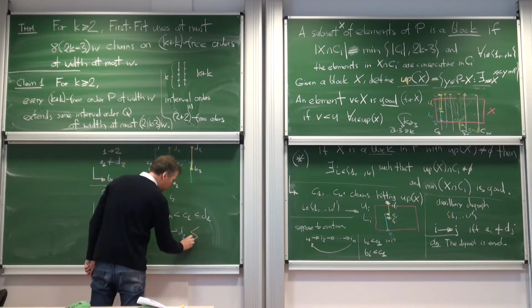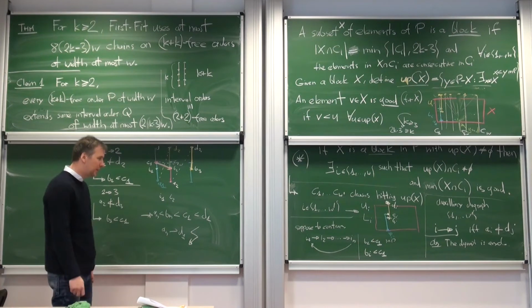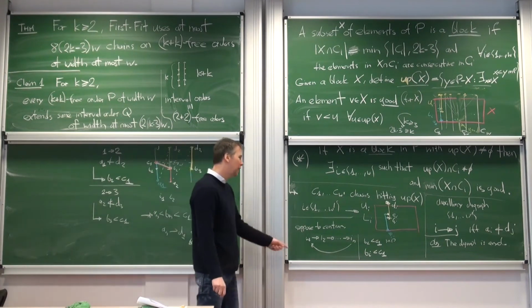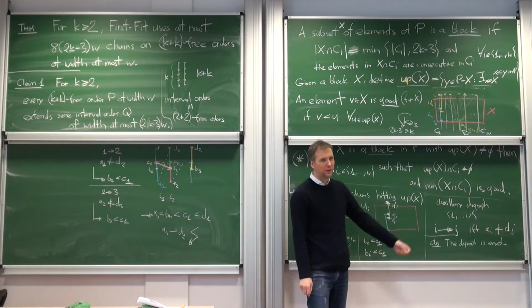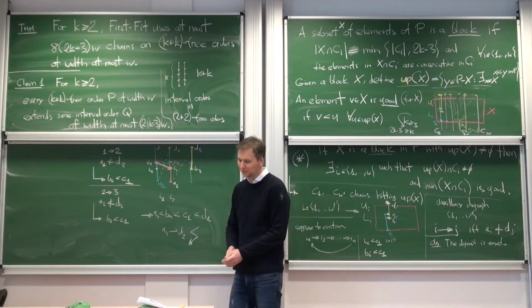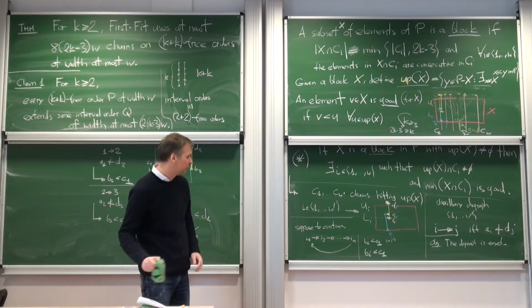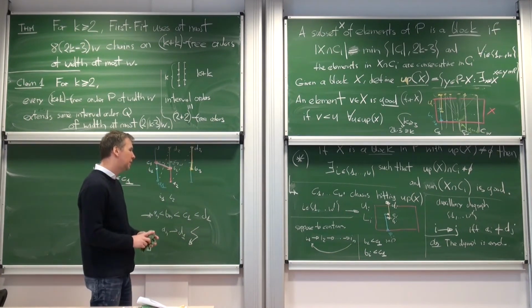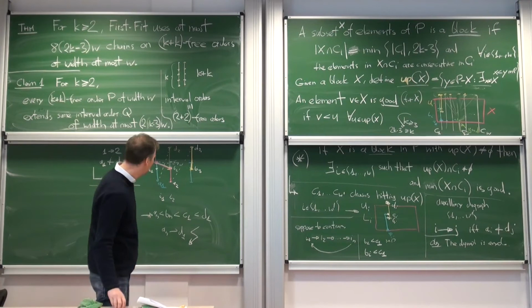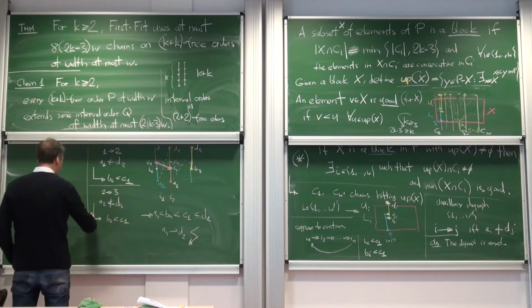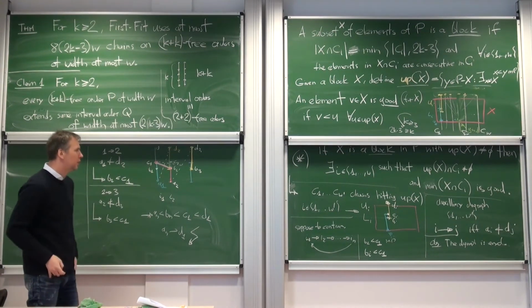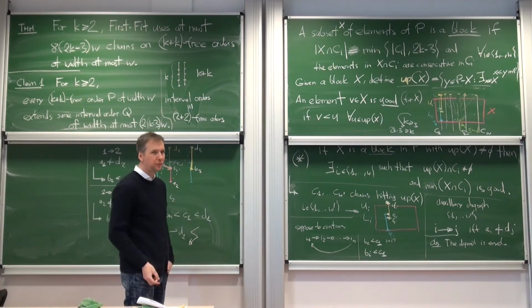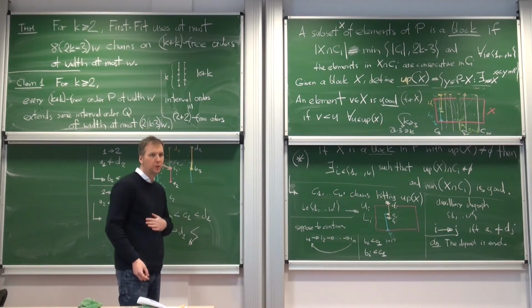So this is a contradiction with the fact that I assumed that we have a cycle in our diagram. So we don't have a cycle. And then if there is no cycle, then what we should do is take the sink.